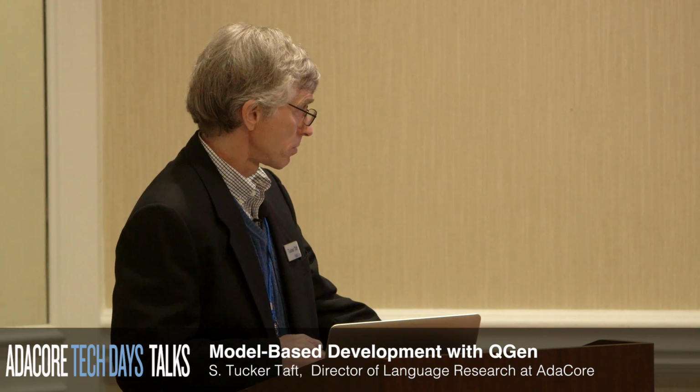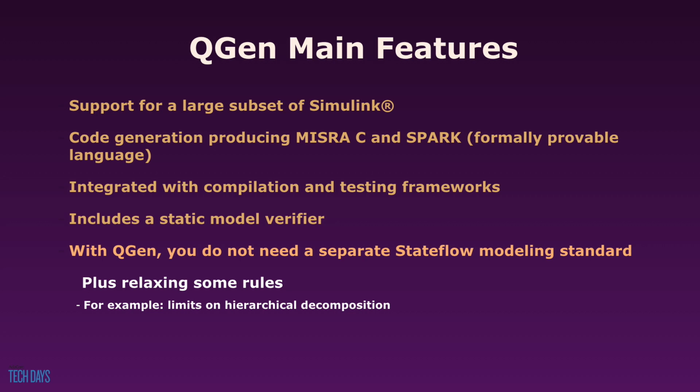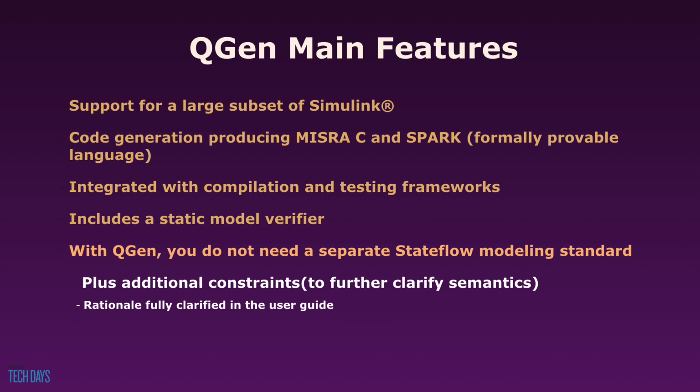We also relax some rules which are not necessarily considered critical. Some of the MISRA rules have been found to be overly restrictive, so we have certain relaxations in some of those rules, and we have also added certain other constraints which seem to represent cases where there were ambiguities in some of the semantics and so on.